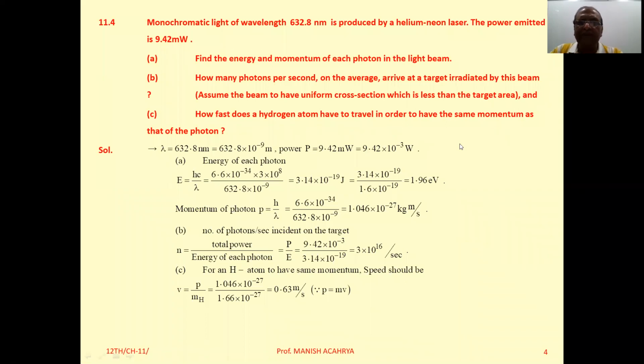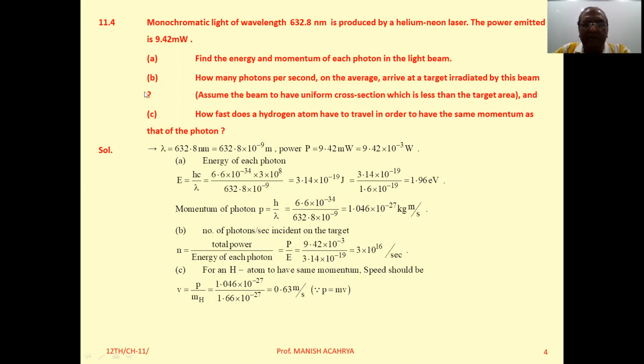11.4. Monochromatic light of wavelength 632.8 nanometer is produced by a helium-neon laser. The power emitted is 9.42 milliwatt. A. Find the energy and momentum of each photon in the light beam.